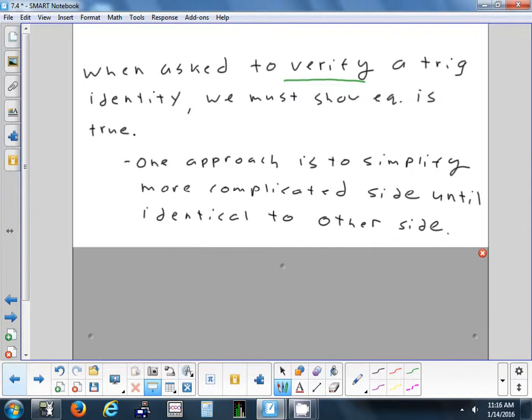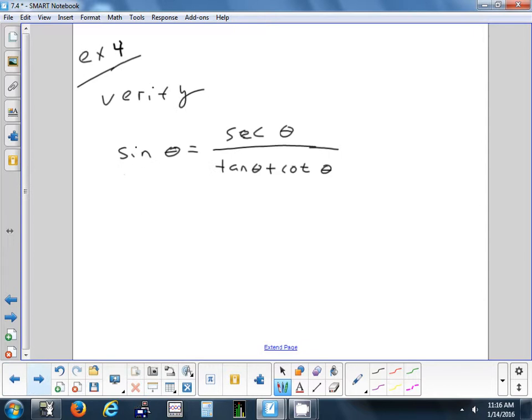Sometimes when we're working with identities, I usually start with the more complex side and try to make it simpler. Right? So in this example, I would start with what's on the right and try to make it look like what's on the left. Okay? And we do that by changing to sines and cosines. Things cancel.